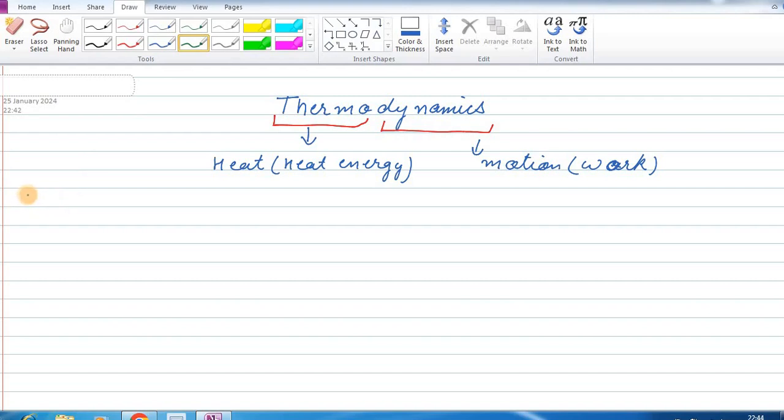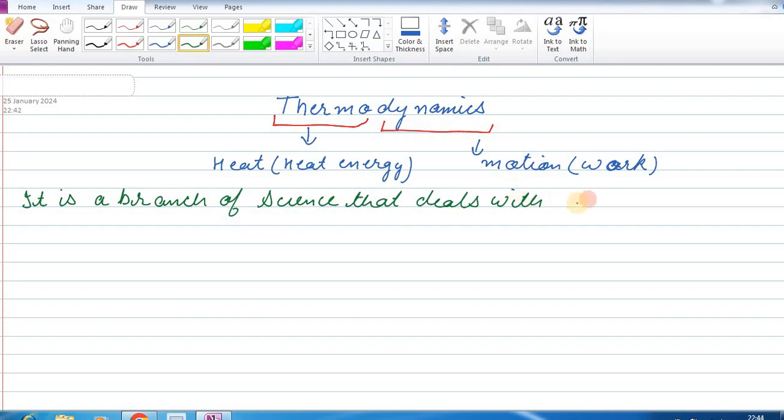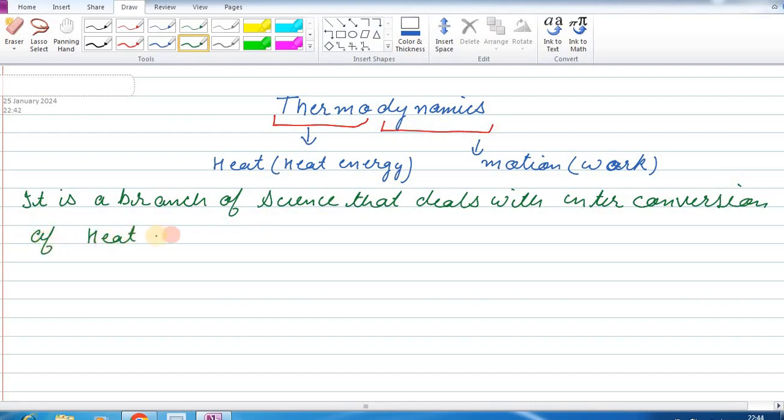So we can define thermodynamics as a branch of science that deals with interconversion of heat energy to work or work to heat.